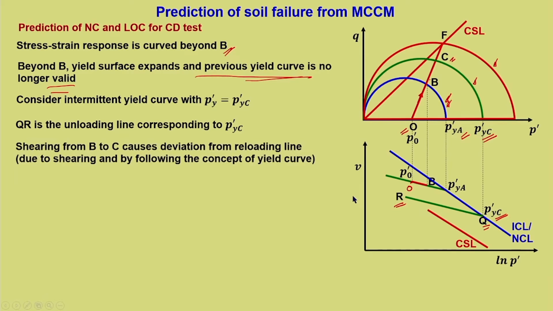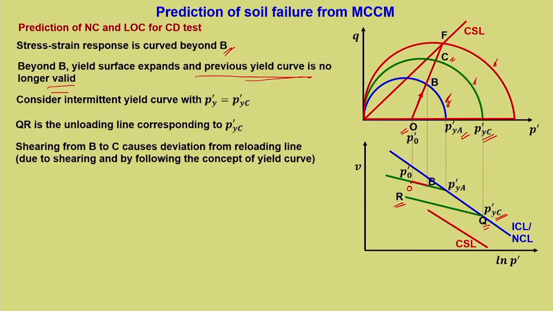Now, shearing from B to C causes deviation from reloading line due to shearing and also by following the concept of yield curve. Now, on further shearing at point B, it will deviate from elasticity and it will undergo hardening behavior.